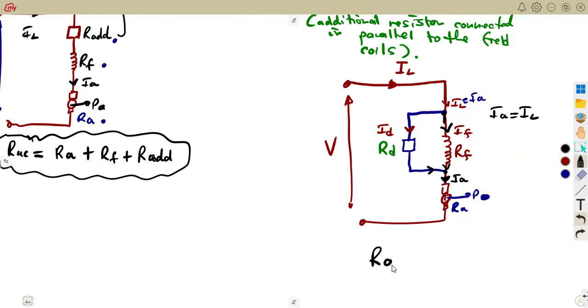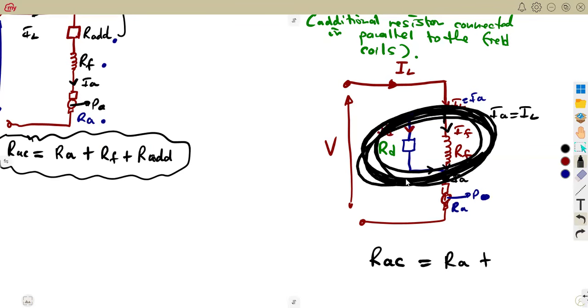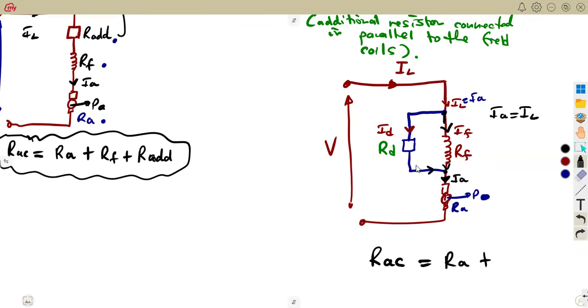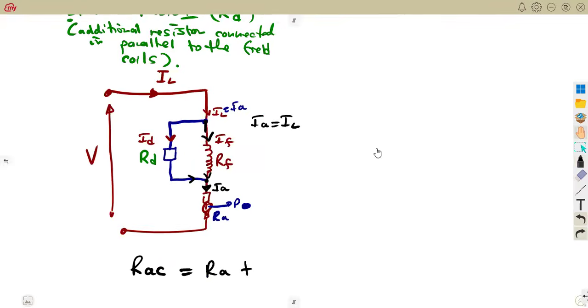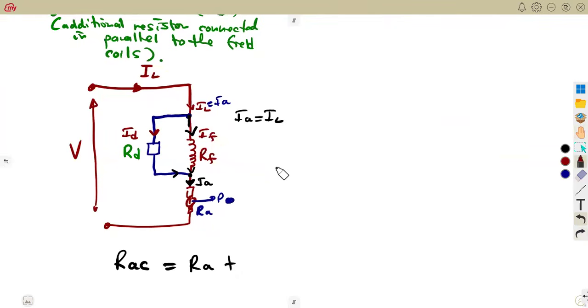The resistance of the armature circuit is going to be a combination of the resistance of the armature plus these two resistors, which are connected in parallel.